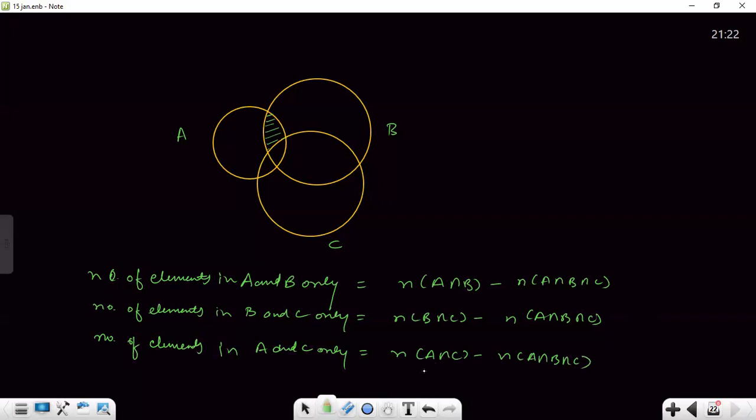Okay. So these are the number of elements in A and C, B and C, and A and B.